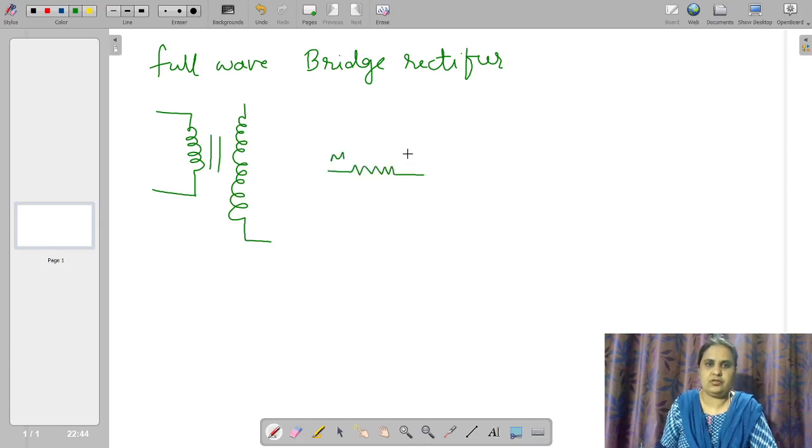We had a load which is connected between the common cathode and the common anode points. Then between the anode and cathode, we were connecting the supply. So I will just draw the common cathode points, then the common anode points.